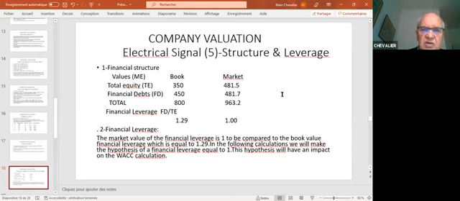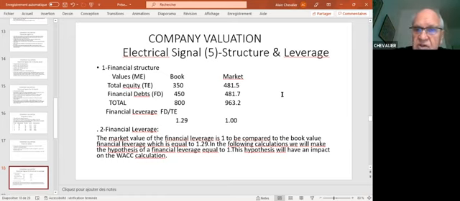For total equity, it is 350. For financial debt, it is 450. The total is 800. Okay. What we have calculated is on the right side. We obtained 481.5 for the total equity level and 481.7 for the financial debts, which is nearly equal.